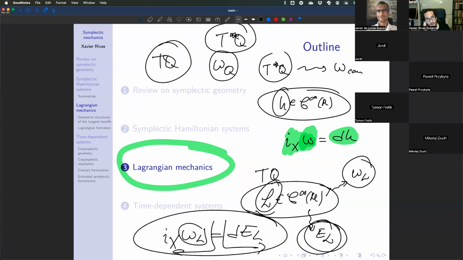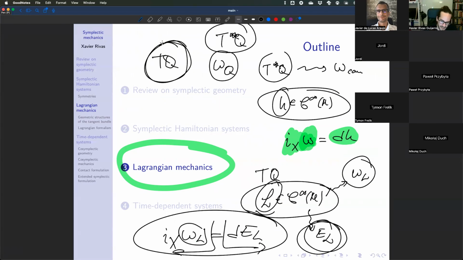And when we want to formalize Lagrangian mechanics, we need to do it in the tangent bundle. And here we do not have a canonical symplectic structure. Of course, we have many symplectic structures, but none of them is canonical. Maybe it's not global. So we have to do some things first, some tricks.